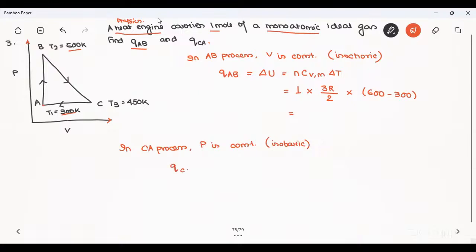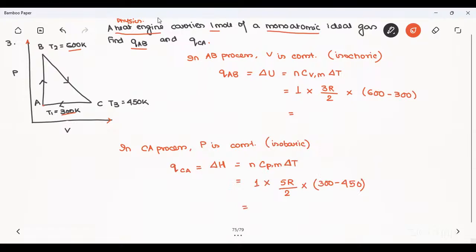So Q of CA is equal to delta H, which is equal to n CPM delta T. So what is this? 1 into 5R by 2, into 300 minus 450. So whatever you get in terms of R, calculate it and get your answer.